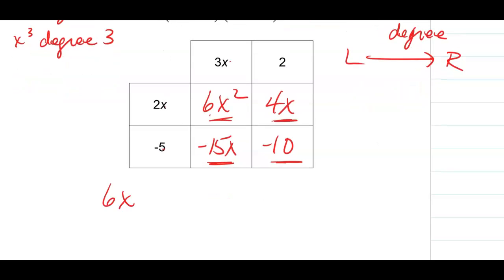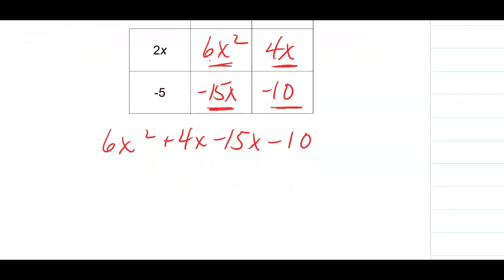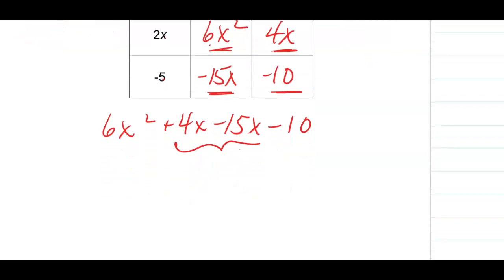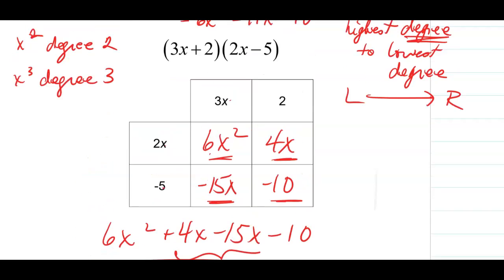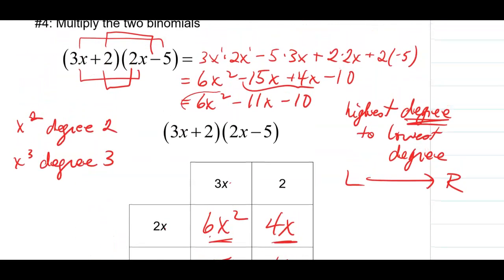And so we get 6x squared plus 4x minus 15x minus 10. And then again, 4x minus 15x is negative 11x. And again, we have the same result that we got above up here.